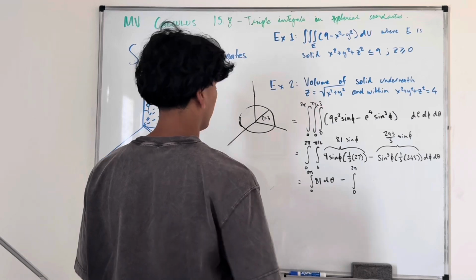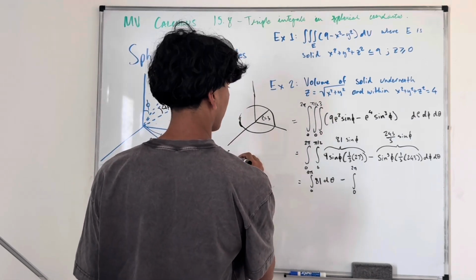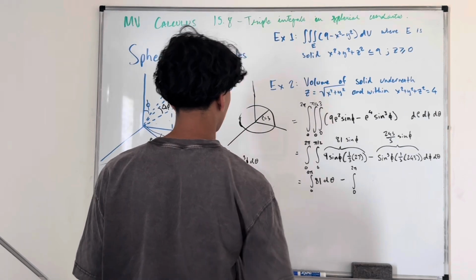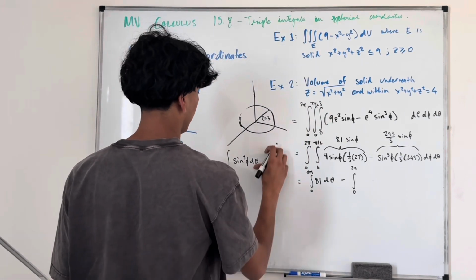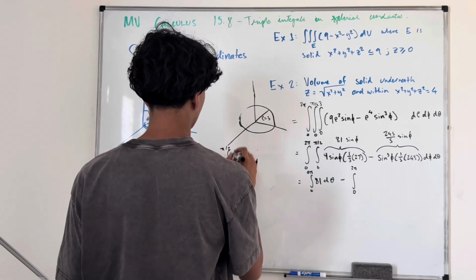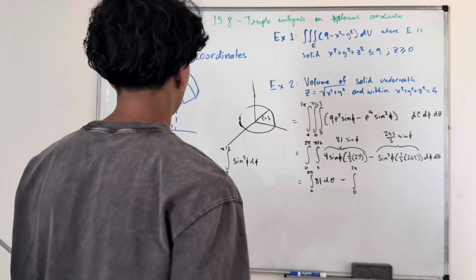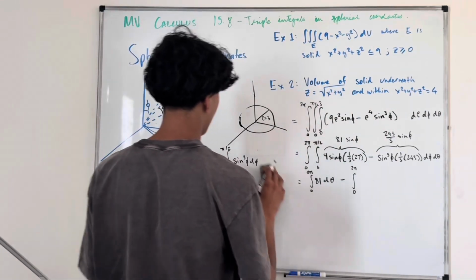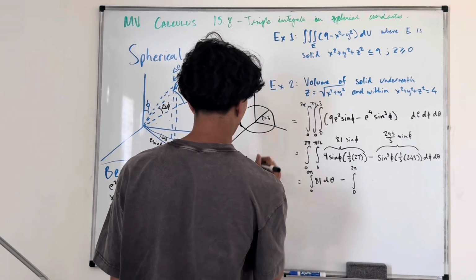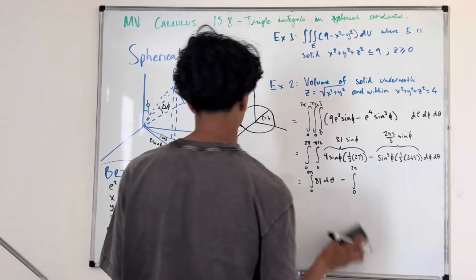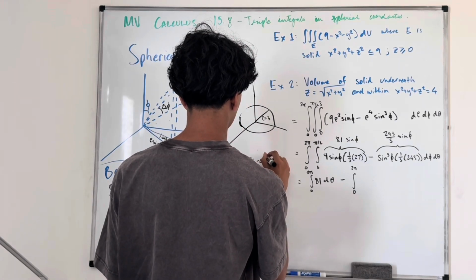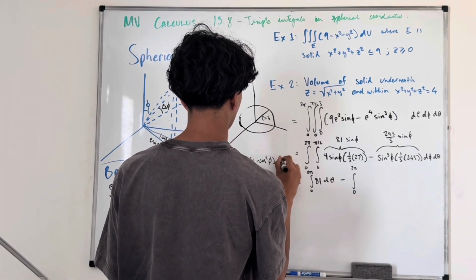Let's have sine cubed phi d theta here, and I'll evaluate the d phi on the side, from pi over 2 to 0. Sine cubed is the same as sine times sine squared, and sine squared is the same as 1 minus cosine squared, so 1 minus cosine squared phi d phi.